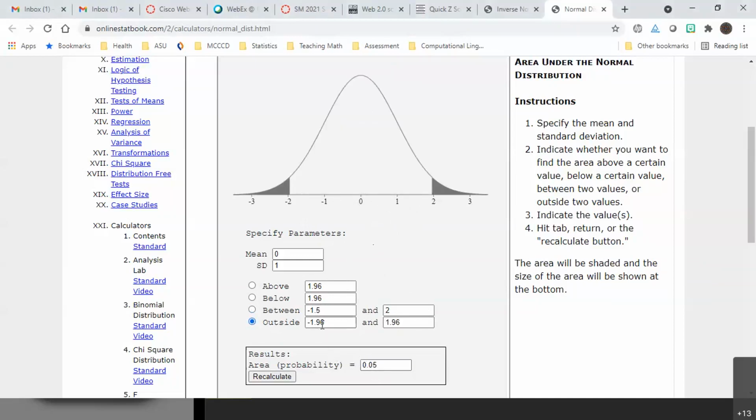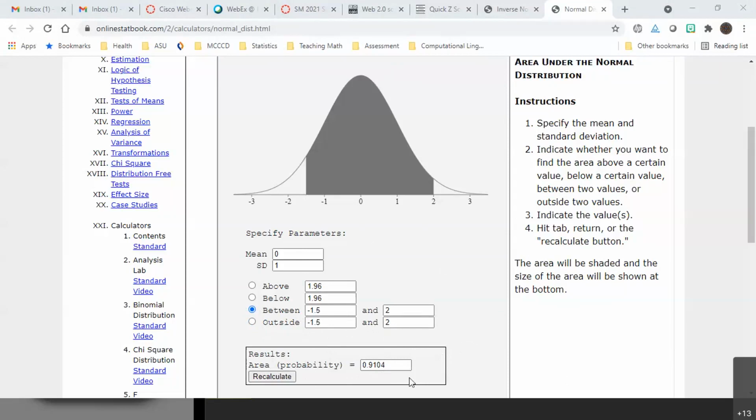And again, I want 1.5 and 2 as my cutoffs. With outside negative 1.5, my bad, you can see there's the almost 9% that's outside in the tails. I really like this kind of calculator because it's very visual. So again, plug for the online normal calculator.